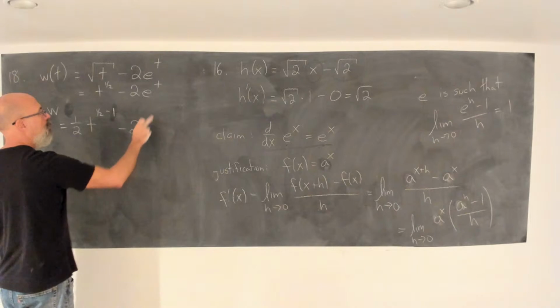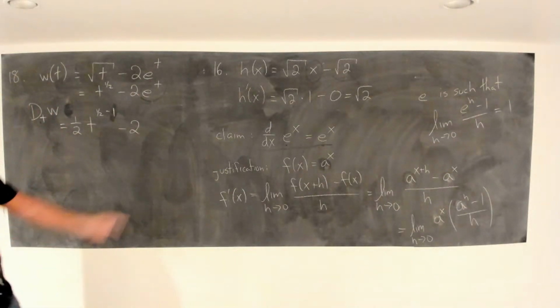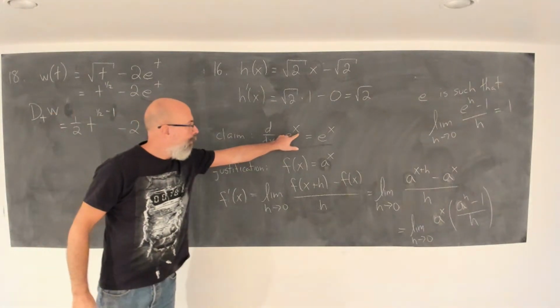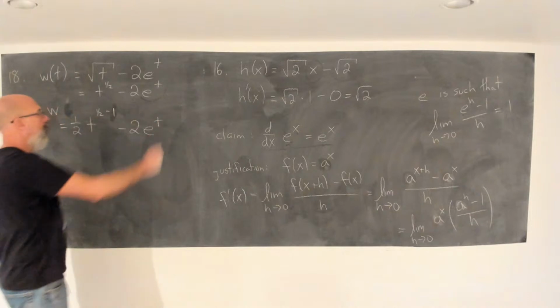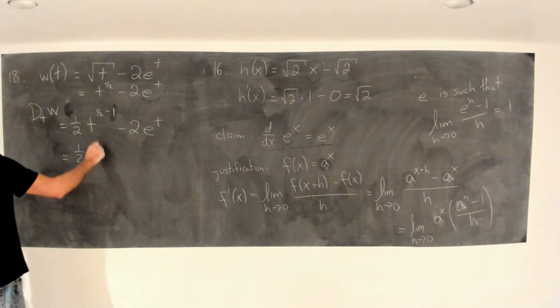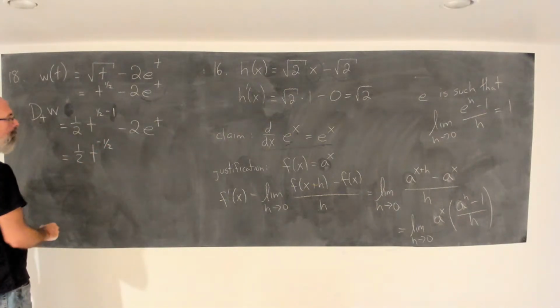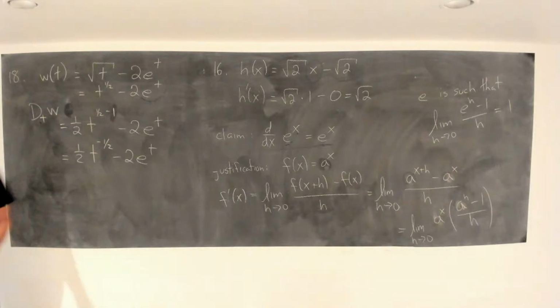The -2 is just a constant, and you can take the derivative of e to the t, and we just saw that the derivative of e to the t is e to the t. So there it is, 1/2 t to the -1/2 minus 2e to the t.